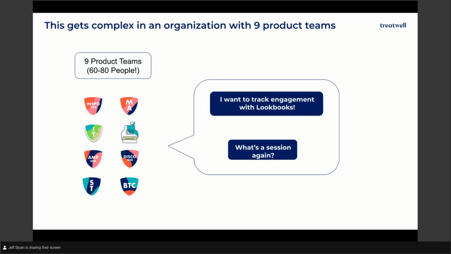So on one hand, we want to help and we're excited by this product feature, but we know we don't have all of the context necessary to even think about what engagement even means with lookbooks in the first place. However, we know that that individual product team has a strong understanding about what they want to track, what an engaged lookbooks user means for them.